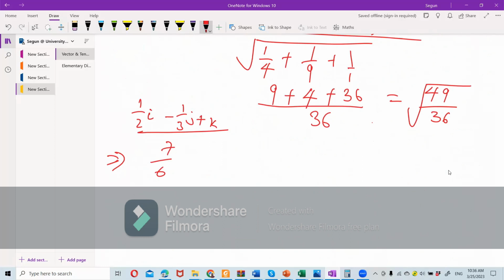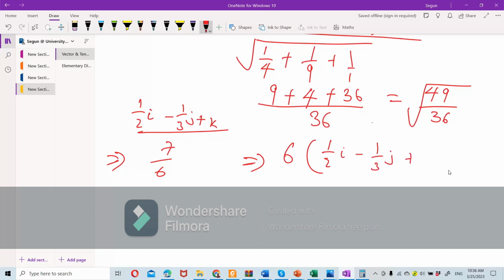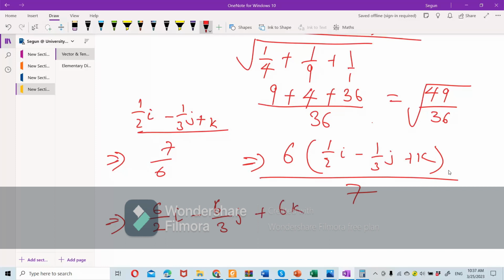Now, this 6 will come up to multiply everything here. Am I right? Yes. It says 6 multiplied by 1/2 I minus 1/3 J plus K, everything divided by 7. So in this case now, you have 6/2 I minus 6/3 J plus 6K.